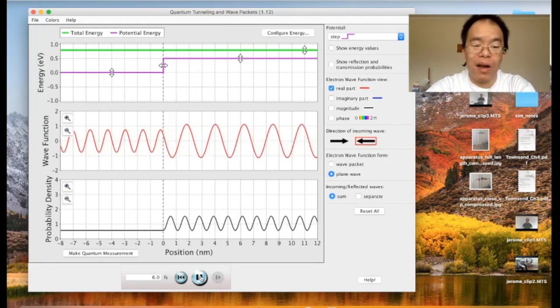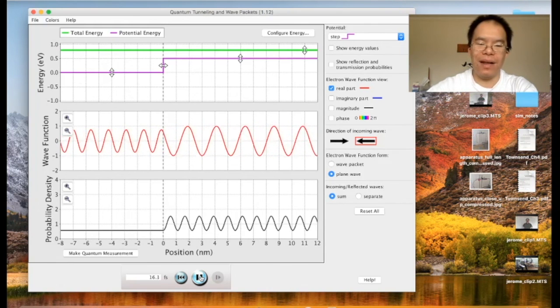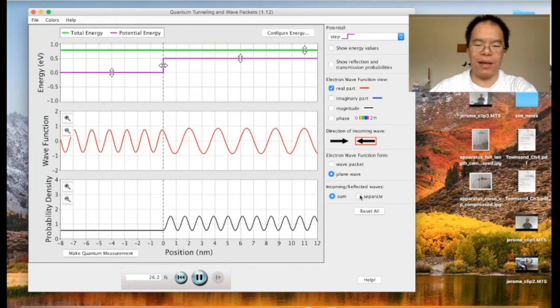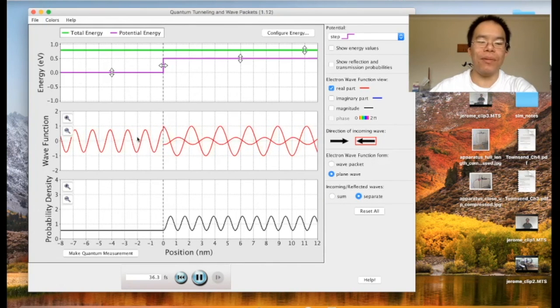If we now watch time go on, we can watch what happens here. And again, if I separate this into incident and reflected, notice that some of the wave is indeed transmitted through, but some of it is also reflected back.